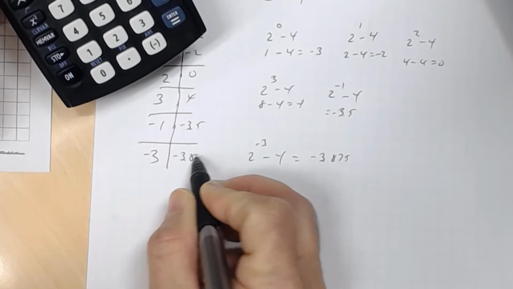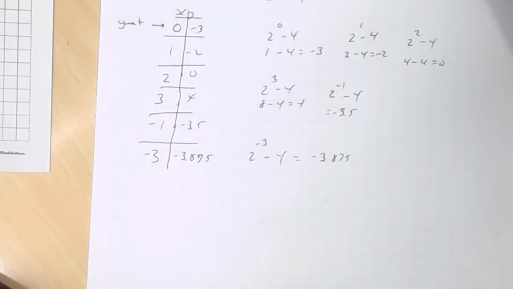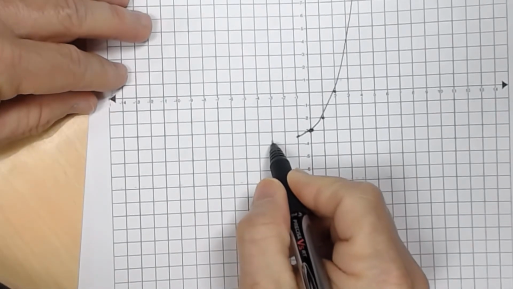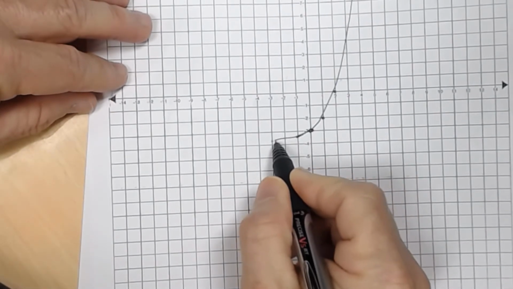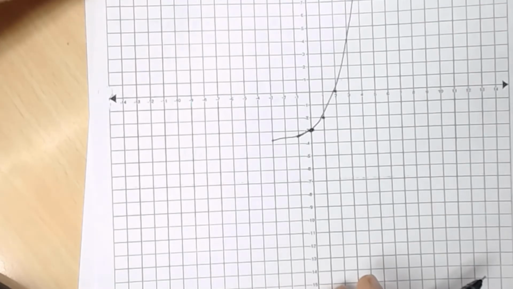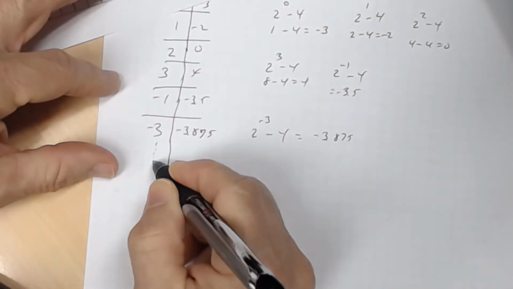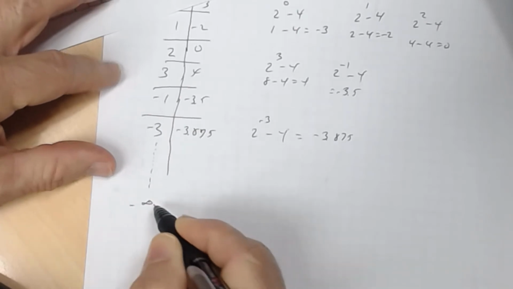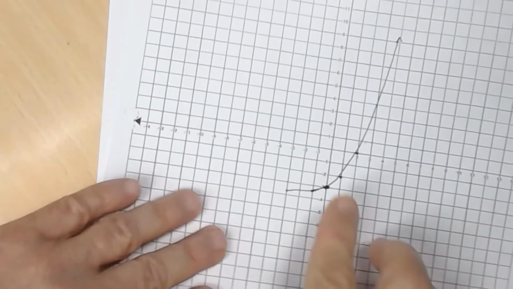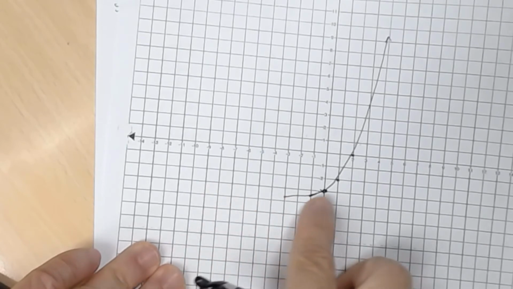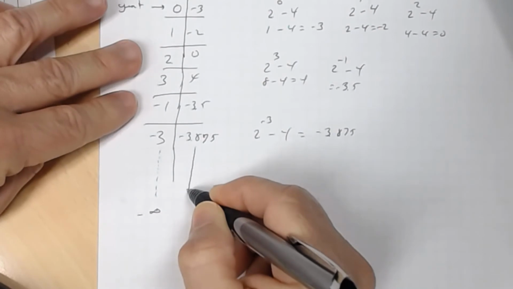All right, so I said negative 3, so it looks like it's about right here, right? Okay, so here's my question to you. And think about this. As x goes to negative infinity, what is the y value of your function approaching? So what is this approaching, do you think?